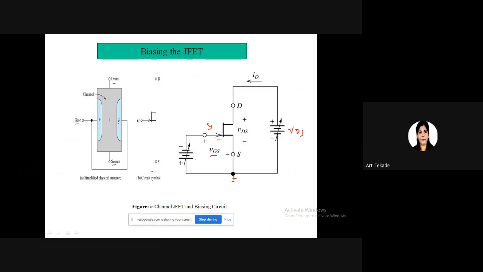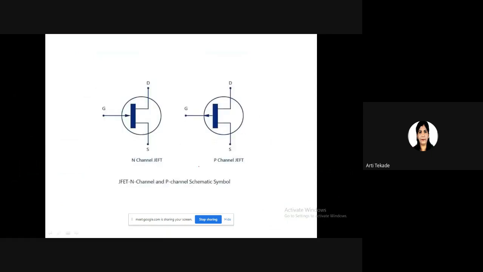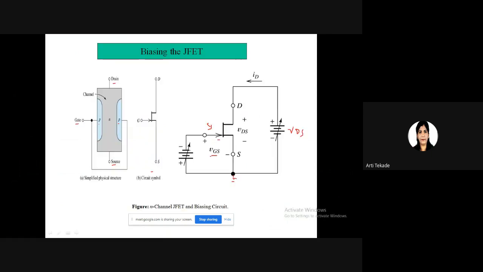Now what happens with this negative VGS? Suppose initially VGS is 0, we have not applied any VGS, but we have applied the VDS.